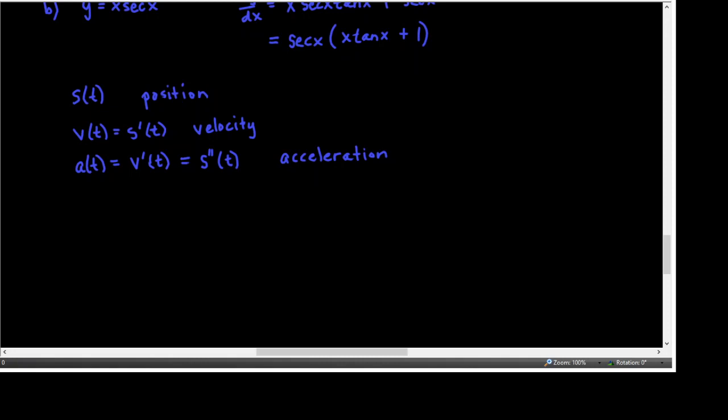Yes, they have a cereal theme in the names of these increasingly higher order derivatives. So position, the derivative of that's velocity, the derivative of that is acceleration, the derivative of that is jerk, the derivative of that is snap, the derivative of that is crackle, the derivative of crackle is pop. So, yes, here we go.